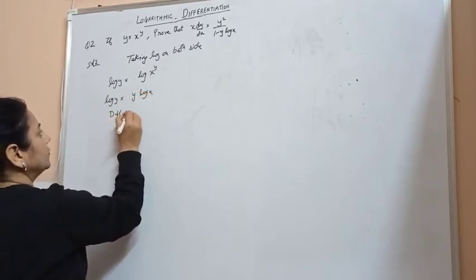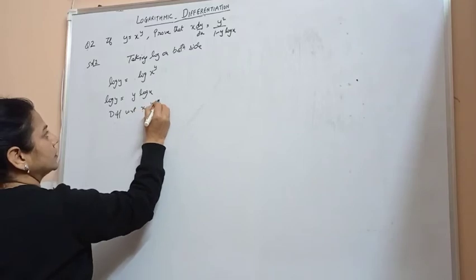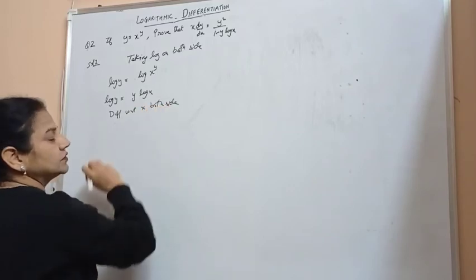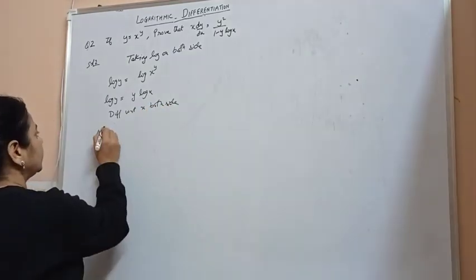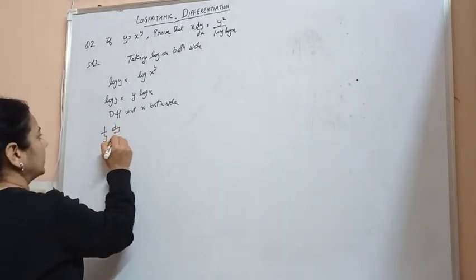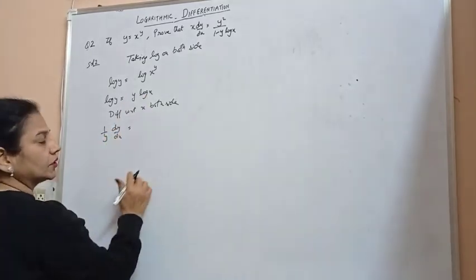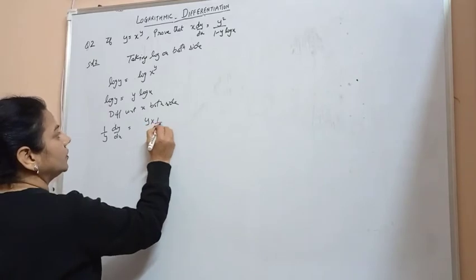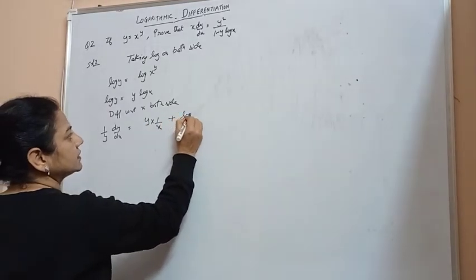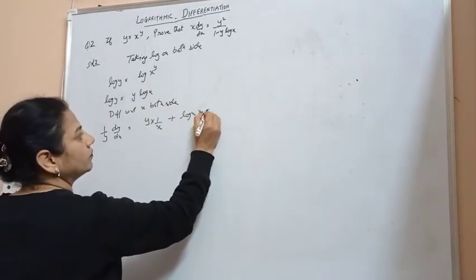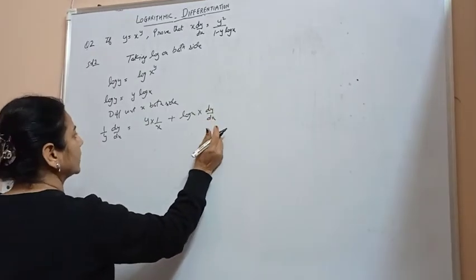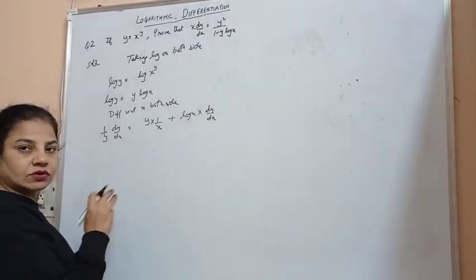Differentiate with respect to x both sides. I get 1 upon y dy by dx. Here I apply the product rule. First function into derivative of second function plus second function into derivative of first function. Take the terms with dy by dx on left hand side.